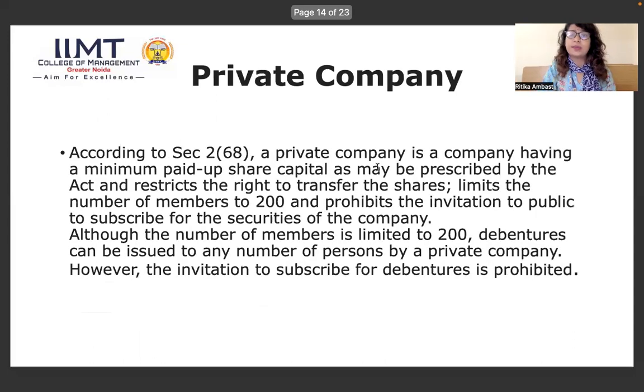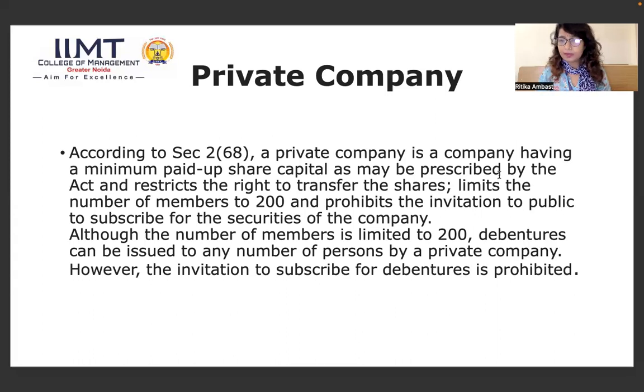And the next type is the private company. What is a private company? According to subsection 68 of section 2, a private company is a company having a minimum paid up share capital as may be prescribed by the Act, and it restricts the right to transfer shares, limits the number of members to 200, and prohibits the invitation of the public to subscribe for the securities of the company.